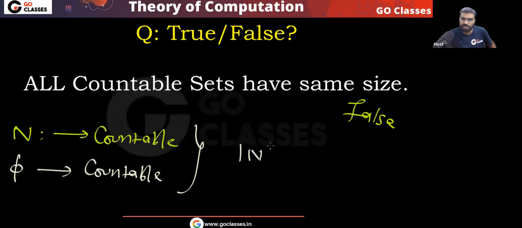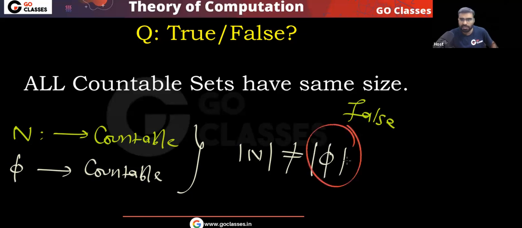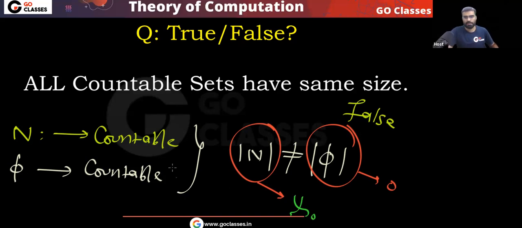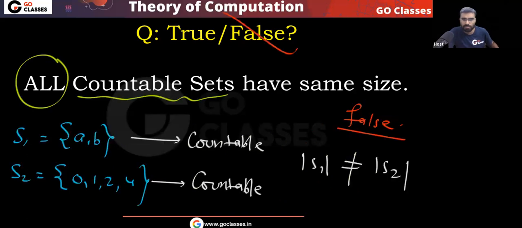No, they don't. Cardinality of phi is 0, and cardinality of N is ℵ0. Correct? So very simple: all countable sets have the same size is false.